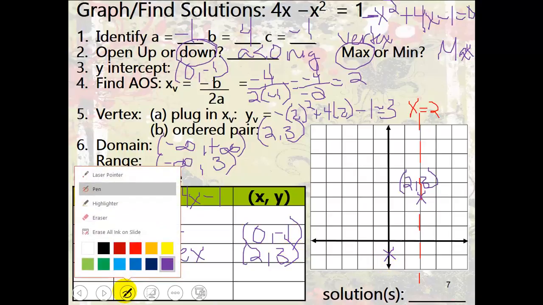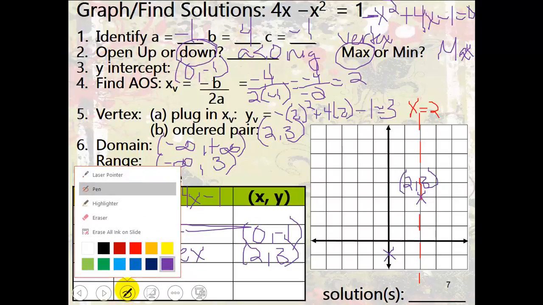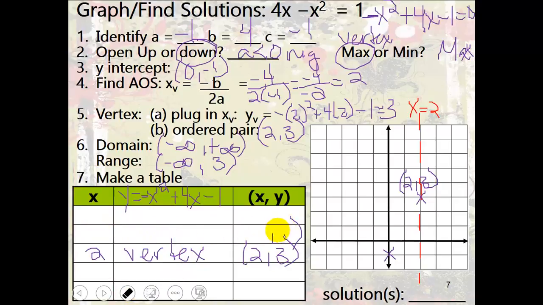I'm going to move this up because I'm going to want to find a point in between. Okay, so that means at (4, -1), because I know I have a point directly across from that, so I know I have (4, -1).